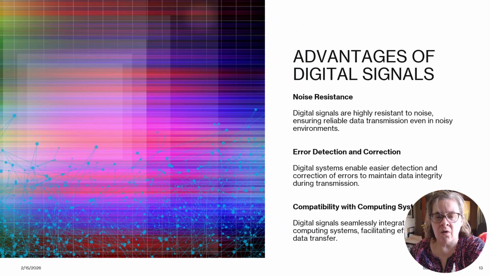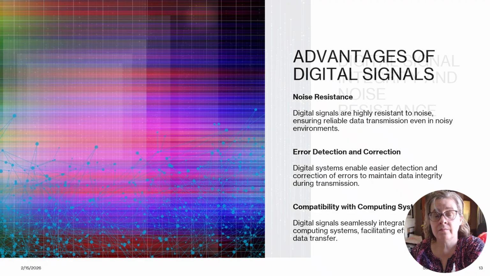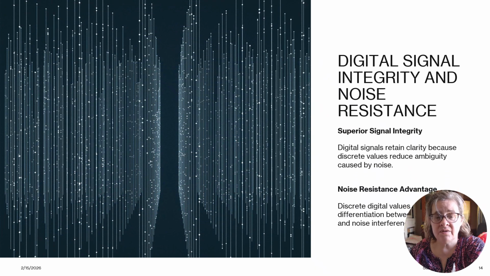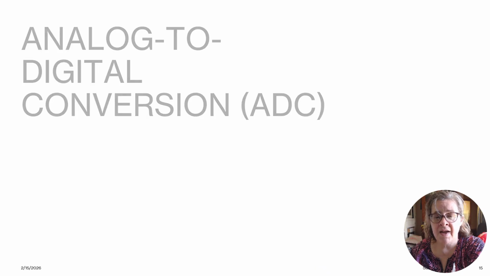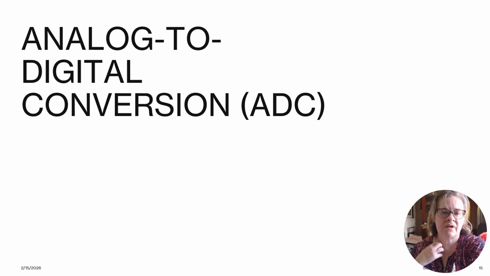Digital signals offer noise resistance, easier error detection and correction, and compatibility with modern computing systems, making them preferred for data transmission. Digital signals maintain integrity over long distances, or longer than analog anyway.